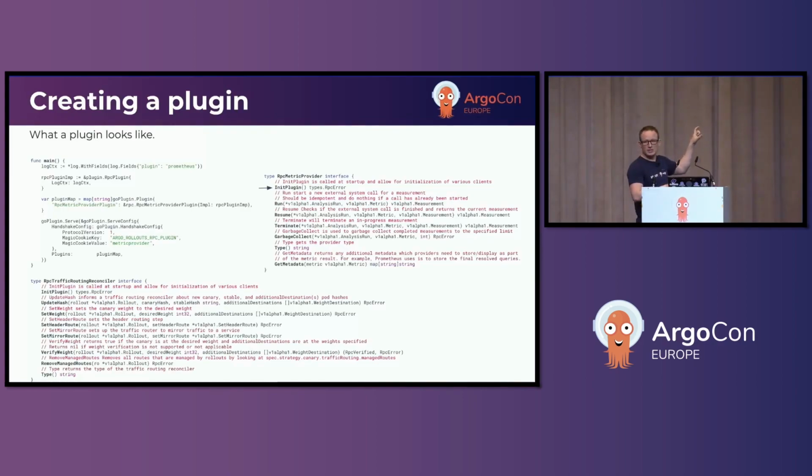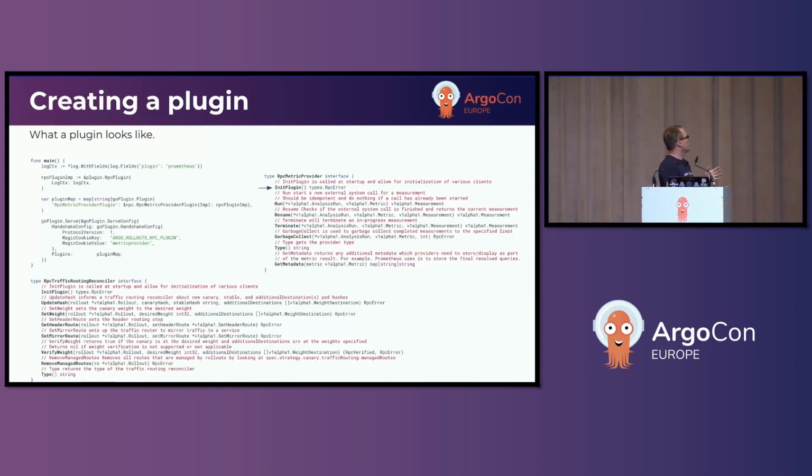These interfaces are almost identical to the same interfaces that get implemented as native traffic routers and native metric providers. The minor difference is that there's an init plugin function that gets called when the plugin itself starts up, and that gives you as a plugin author the ability to create your Kubernetes clients, or any form of metrics provider client, like Prometheus, et cetera. And that runs once, basically at plugin startup.